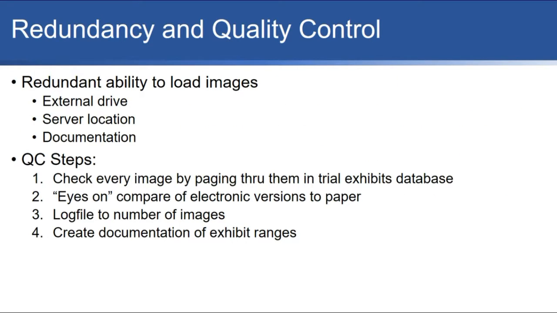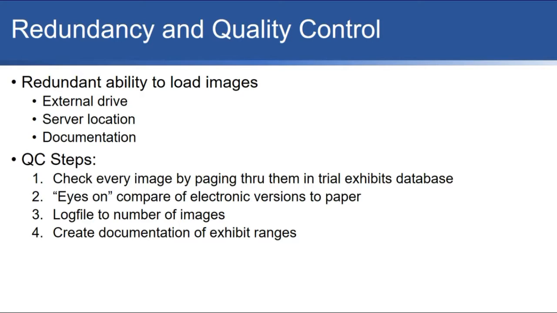Redundancy and quality control. So you should have the redundant ability to load images, either from an external drive or server location, along with some documentation. And there's some QC steps that go along with that. You should check every image by paging through them in the trial exhibits database and in the trial presentation database as well.